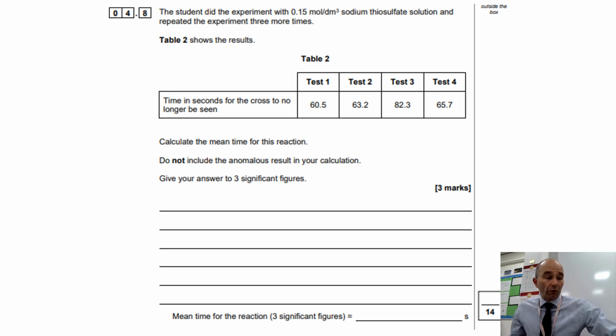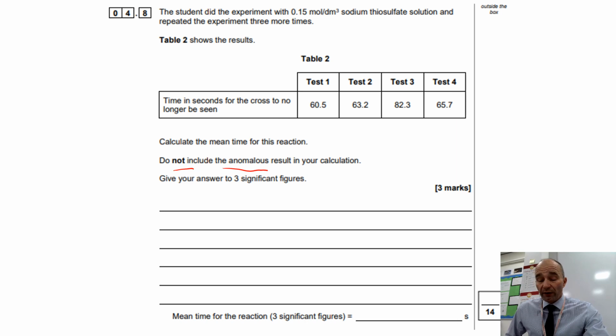And then another maths question. This is where we need to work out a mean value from the table of results. Now, it's saying do not include the anomalous results in your calculation. So they've given you a bit of a clue here. Now, it's important to remember what the anomalous result actually means, and that's one that doesn't fit the pattern.